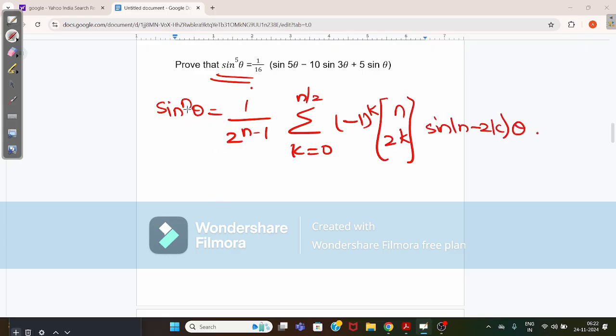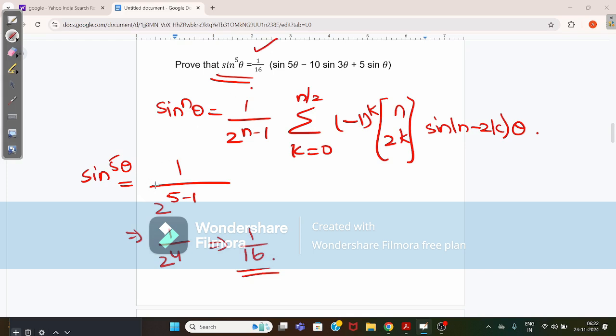What is the value of n? n is 5, so sine power 5 theta. So first we can calculate 1 by 2 power 5 minus 1, so this can be written as 1 by 2 power 4, which is equal to 1 by 16. So we got this value 1 by 16.